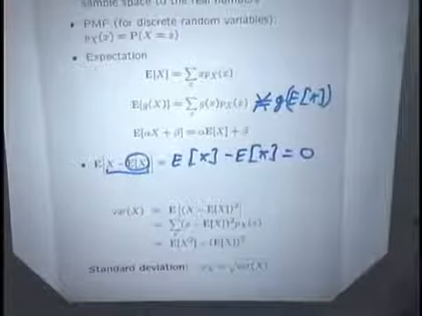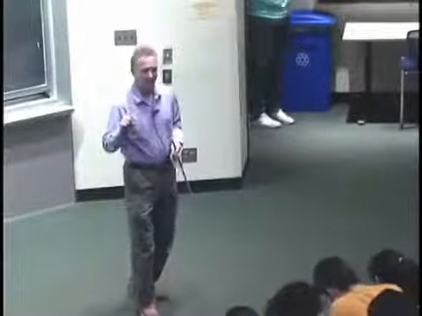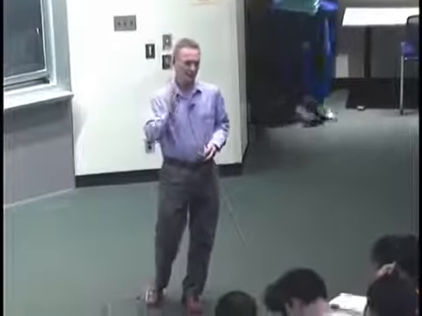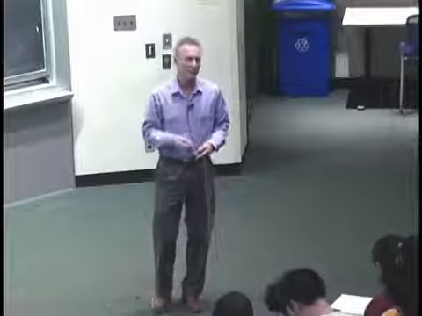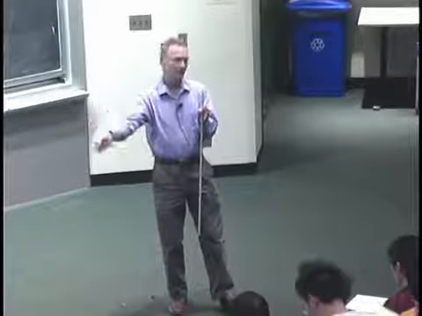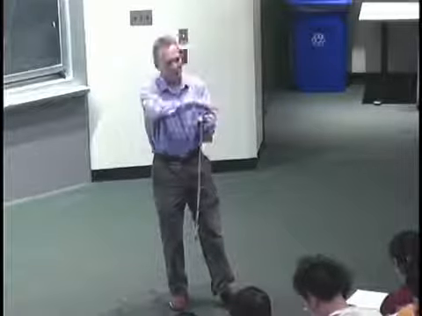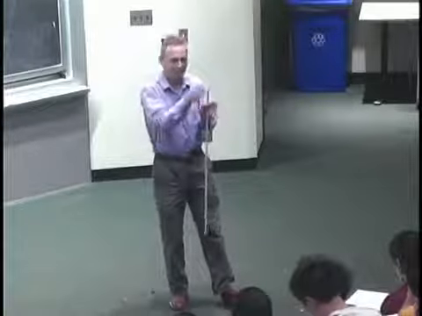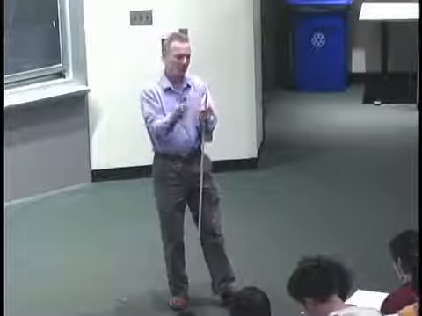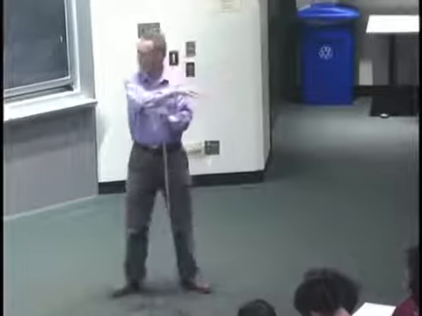What is this telling us? That on the average, the signed difference from the mean is equal to 0. That is, the mean is here. Sometimes x will fall to the right, sometimes x will fall to the left. On the average, the average distance from the mean is going to be 0, because sometimes the realized distance will be positive, sometimes it will be negative.